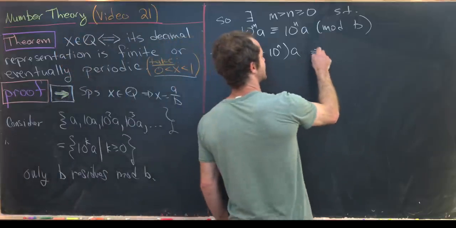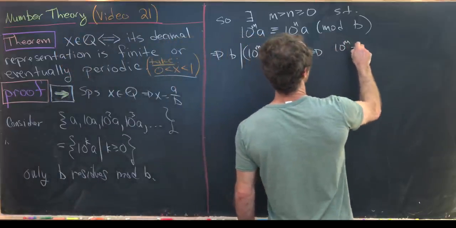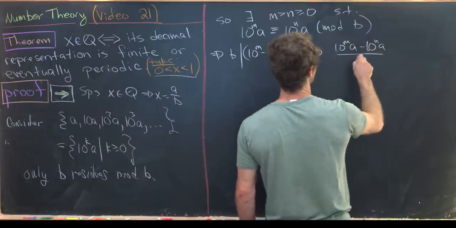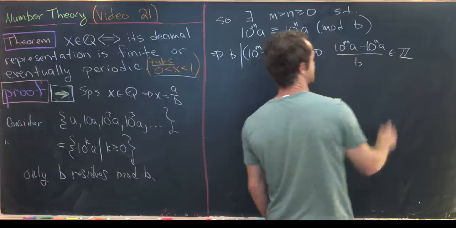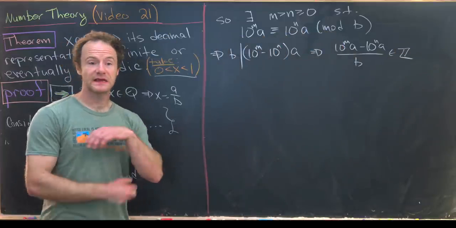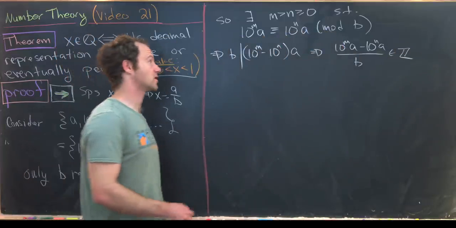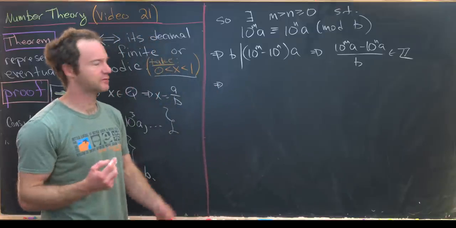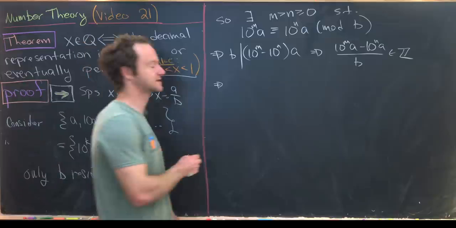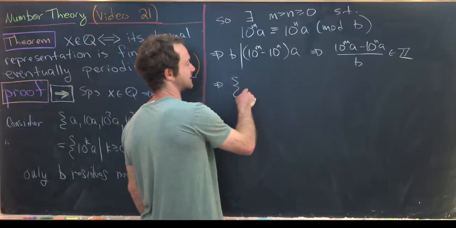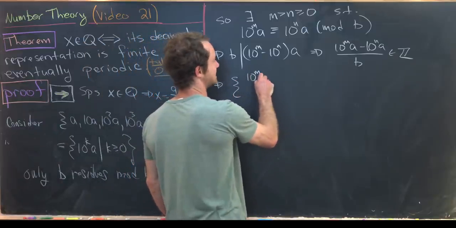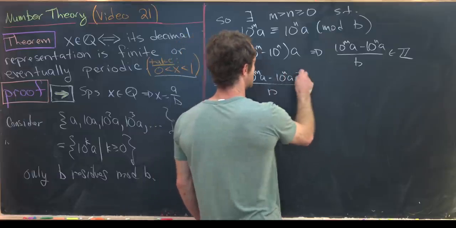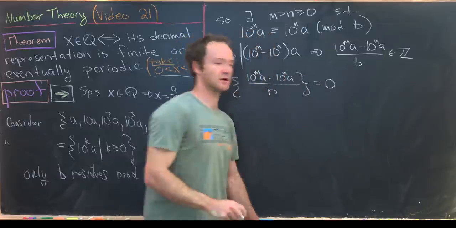But that's the same thing as saying that 10 to the m times a minus 10 to the n times a, over b, is an integer. But being an integer means your fractional part is 0. Let's recall that the notation for fractional part is these curly brackets. So here we have that the fractional part of 10 to the m a minus 10 to the n a over b is equal to 0.